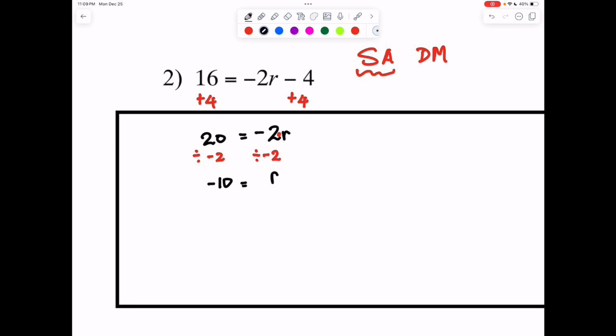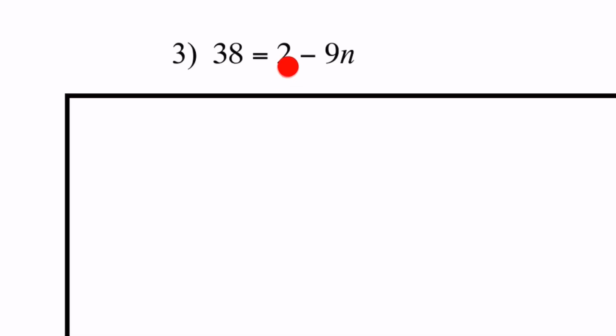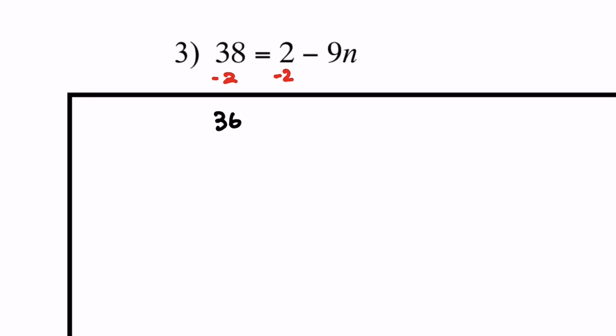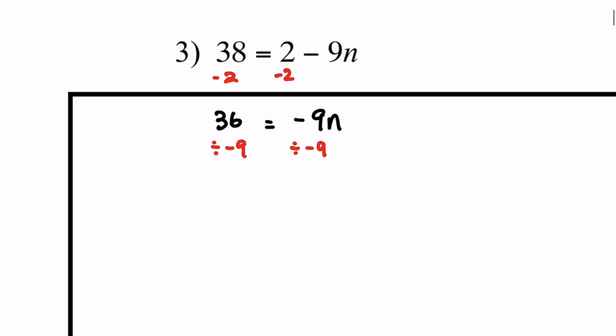Okay, let's keep going. Here we have 2 added to both sides, so we can go ahead and subtract 2 from both sides. And we get that 36 is equal to -9n, and we have -9 multiplied by n, so we divide by -9 on both sides, and we get that n is equal to -4.